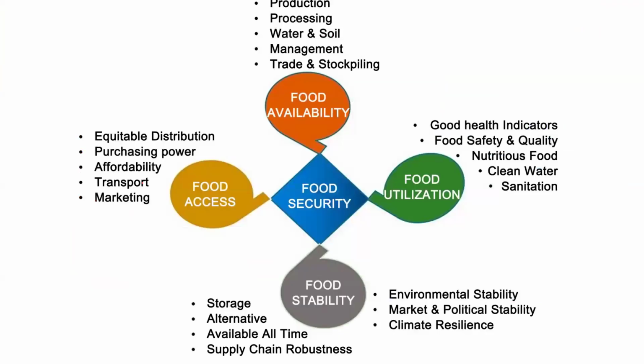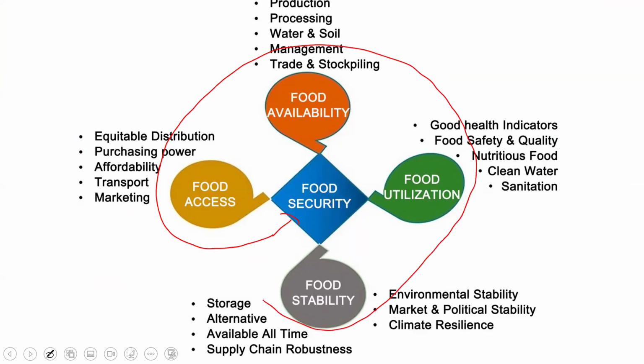Food security. Okay, so what I've got here is this diagram, and again, it's something that you can look at later. Food security is important, all right? And there's four things here that are interlinked with food security. We've got access to food, the availability of food, using the food, and then the stability of it.